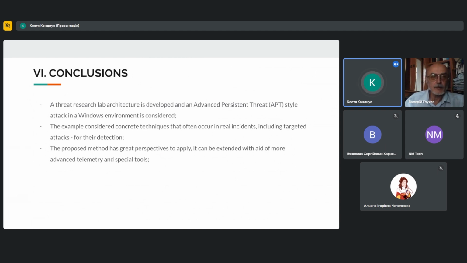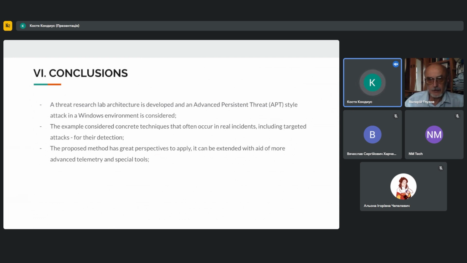The example considered concrete techniques that often occur in real incidents, including targeted attacks, for their detection. And the proposed method has great perspective to apply.